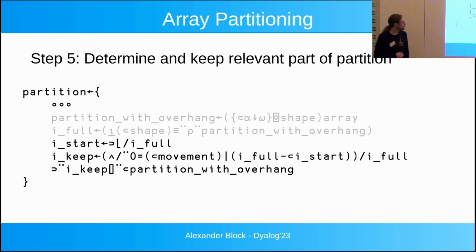That's essentially what I do here, right? I take all my full indices where I don't have overhang, right, and look at those ones where the difference between the index and the start vector is evenly divisible by the movement. Okay? And then I just keep them. So I select them, and I'm done. That's it.